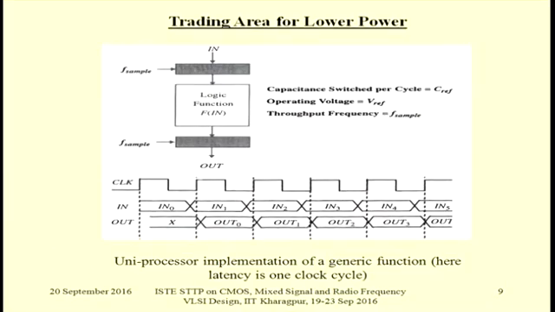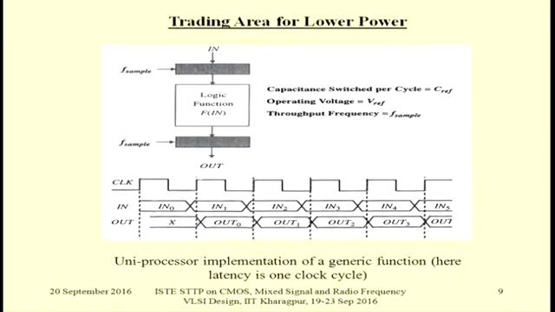If you have a uniprocessor box, as we subject the input register and the output register to the clock, we see that the first input sample is valid for, let us say, one clock period, and in the subsequent clock period the output is coming. That means the latency is one clock period.